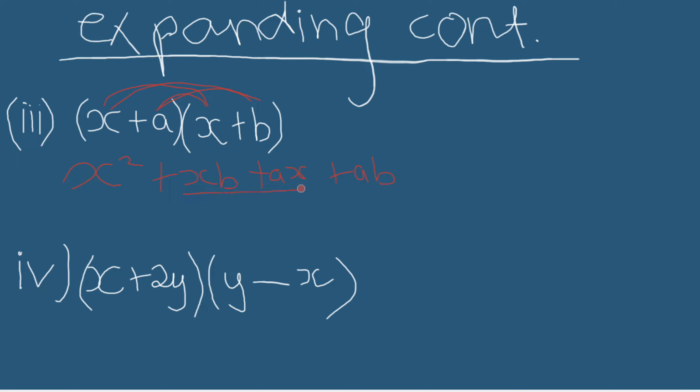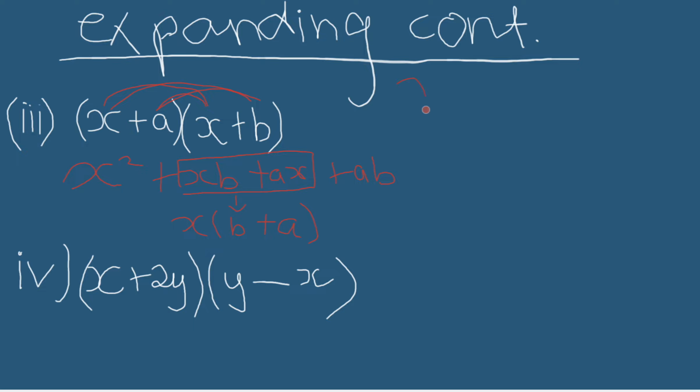We can actually simplify this part over here. By taking out x from here, it should become x times b plus a. So that means the coefficient of x in the expansion of x plus a times x plus b is b plus a.